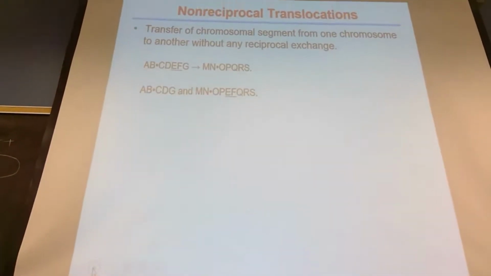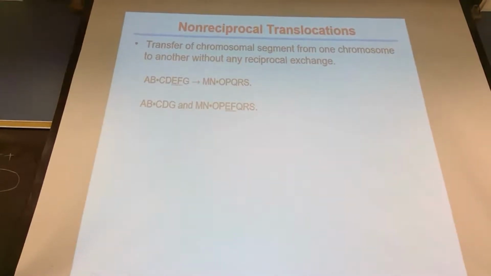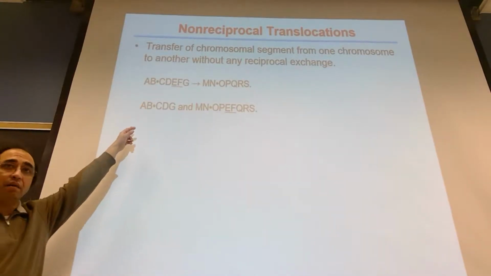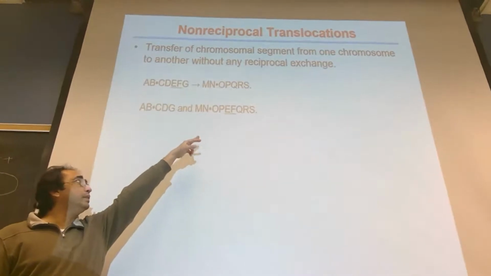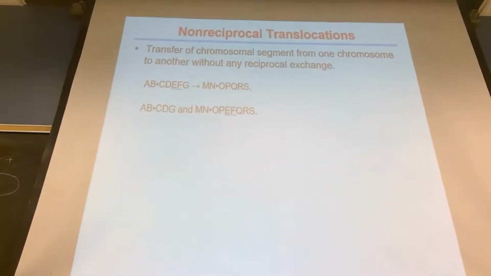This is called non-reciprocal translocation. In such case, the parental chromosome will be deleted. So we can say there is a deletion in the parental chromosome and there is translocated chromosome. This is called non-reciprocal translocation, that is no exchange.